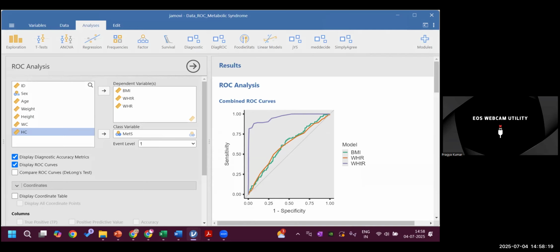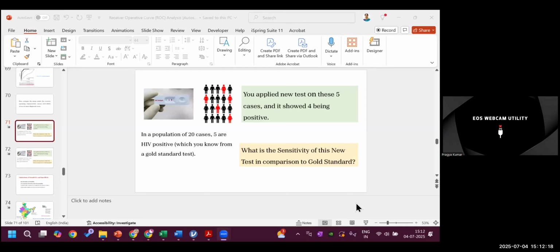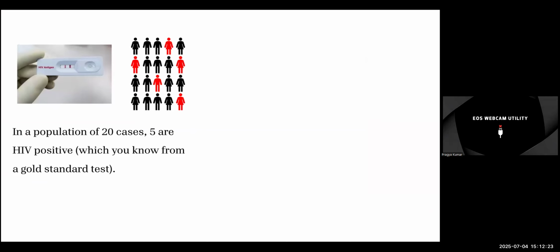So till now we have seen the comparison of ROC curves and the cutoff which it suggests based on the Youden index, what the 2 by 2 table will be, and what the diagnostic accuracy values of your cutoff are.